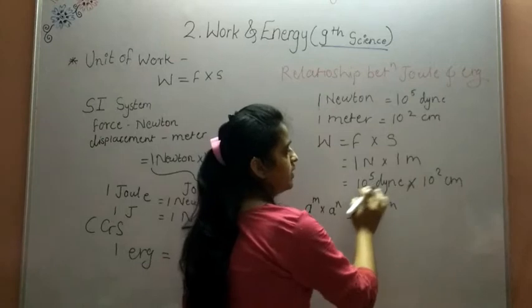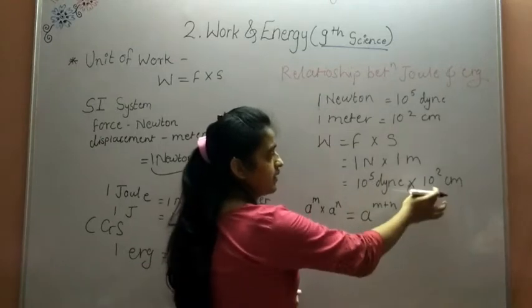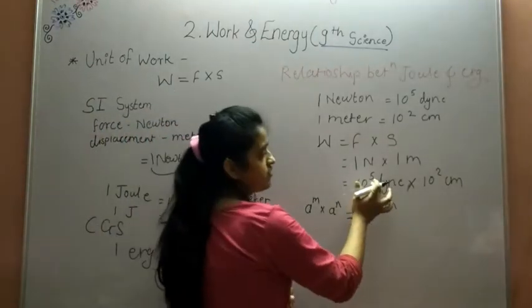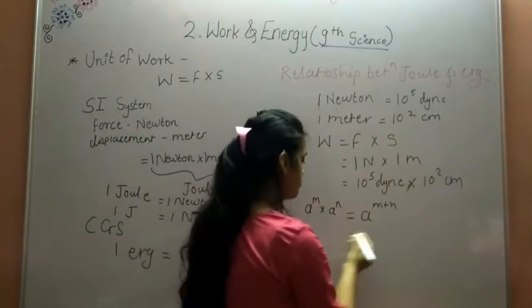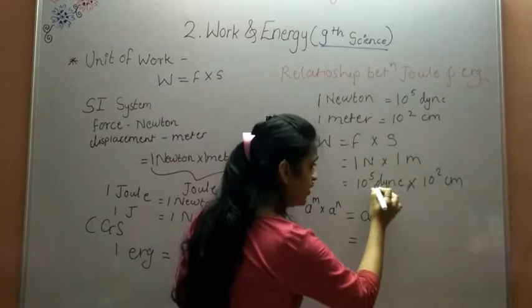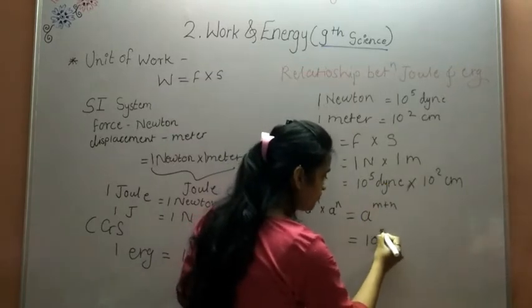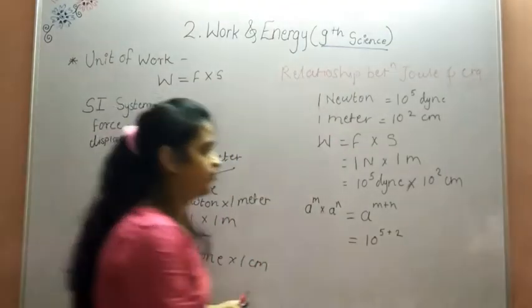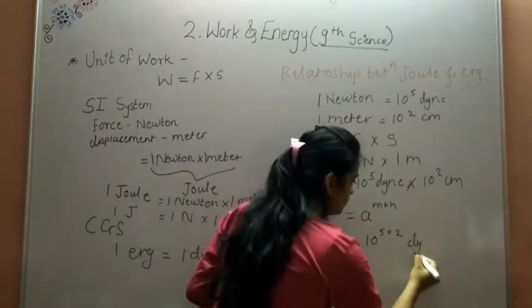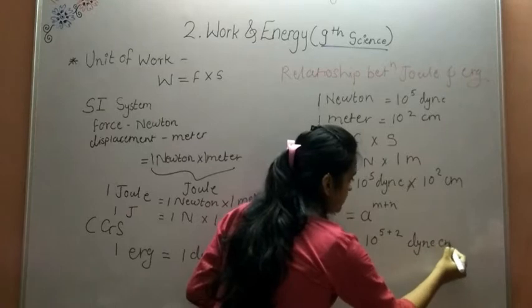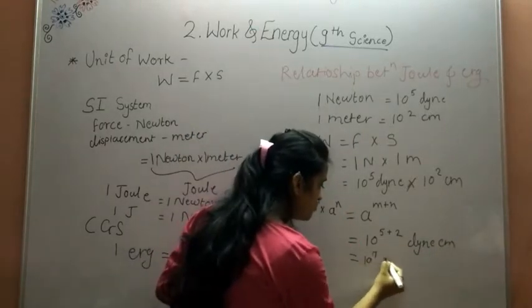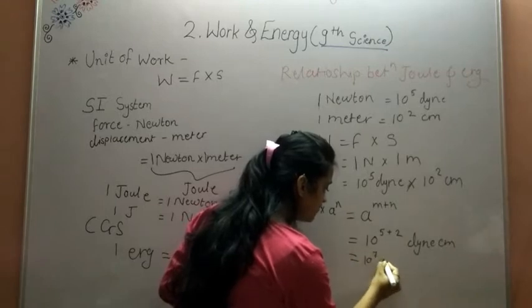Here 10 is the value of a, m is 5 and n is 2. So next, 10 raised to 5 plus 2, and the unit dyne centimeter. So 10 raised to 5 plus 2 means 10 raised to 7 dyne centimeter.